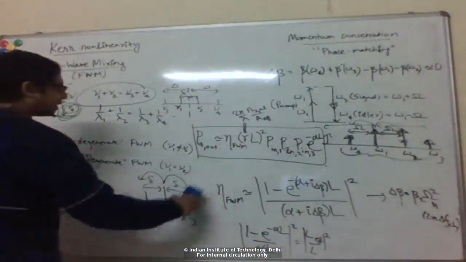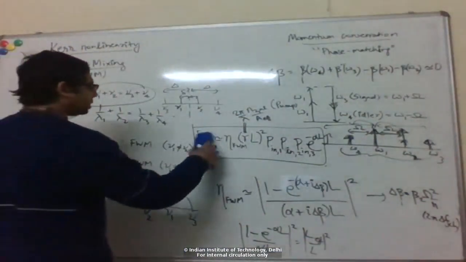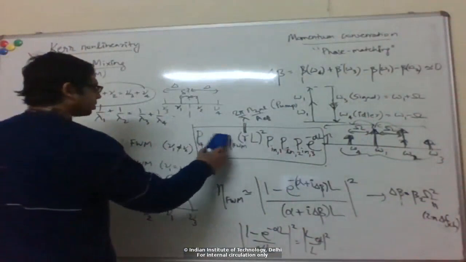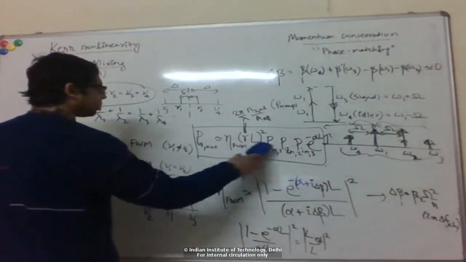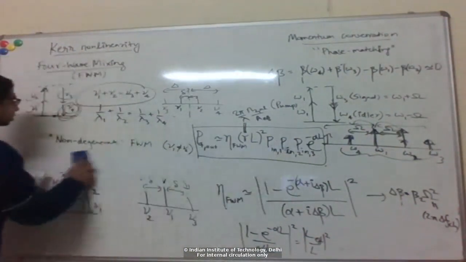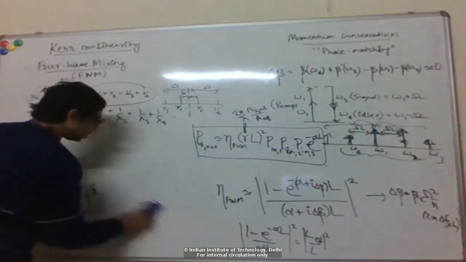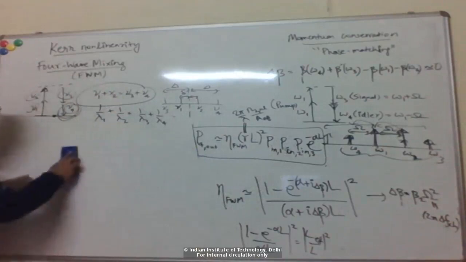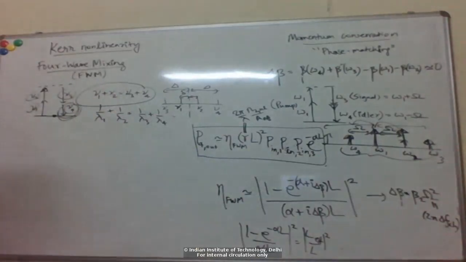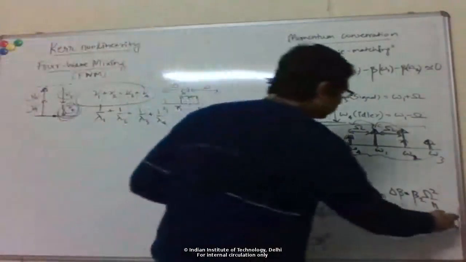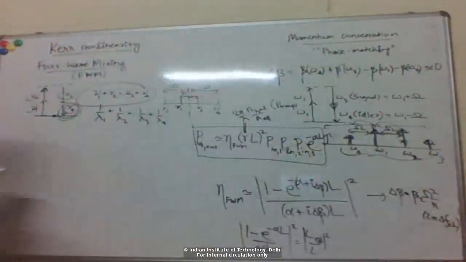So we can plot this four-way mixing efficiency, which is basically the fraction of power we are transferring to this 4 channel from 1 to 3, as a function of this channel separation.